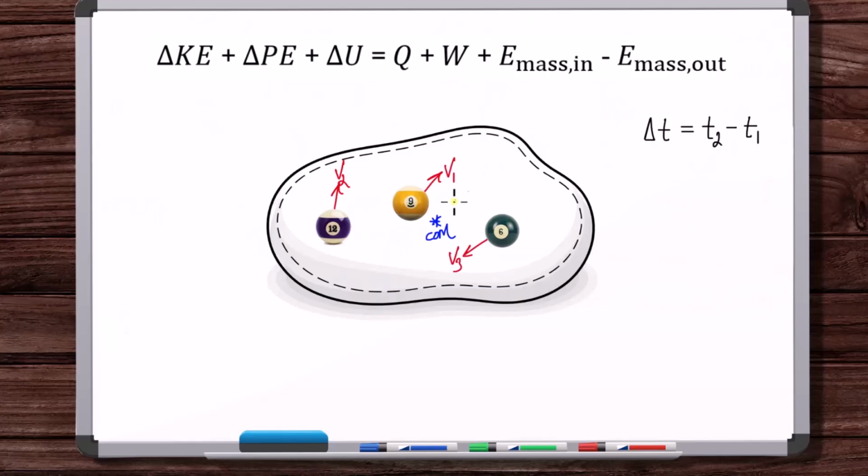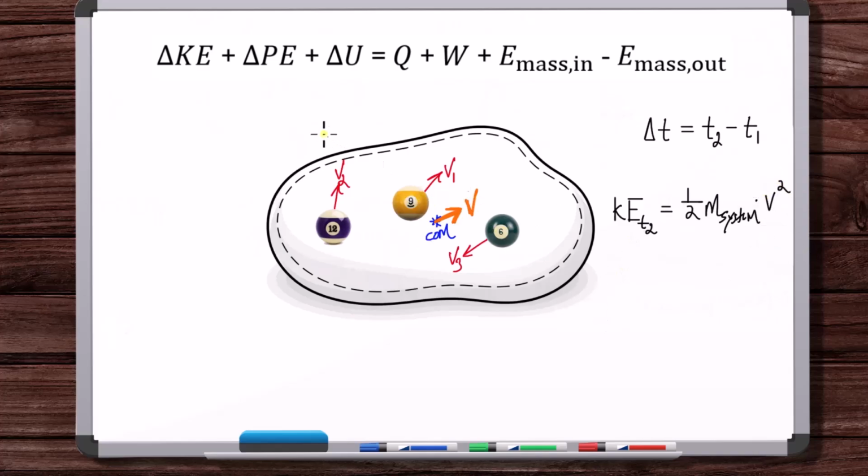For example, if the center of mass of the entire system had some velocity, v, at some moment in time, some snapshot at like t2 or t1 or whatever, then at that moment, the bulk kinetic energy of the entire system, so let's say at time t2, is 1/2 times the total mass of everything contained within the system, times the velocity of the center of mass, this v squared.